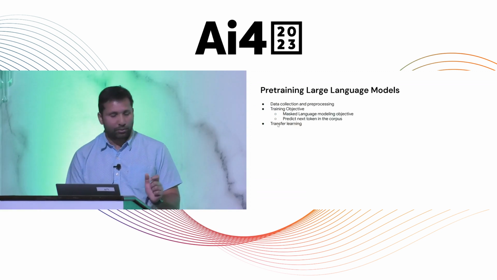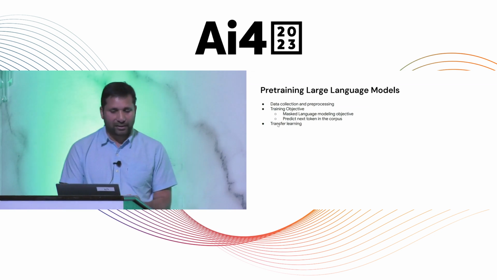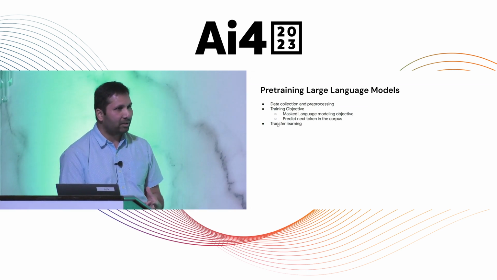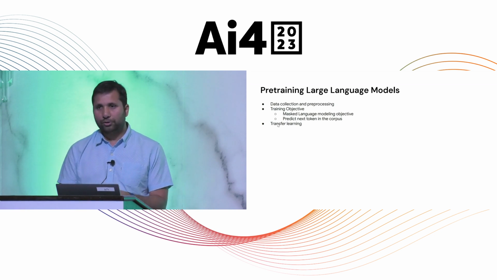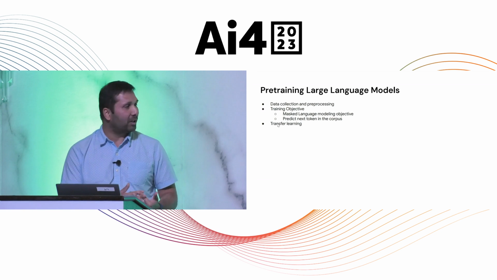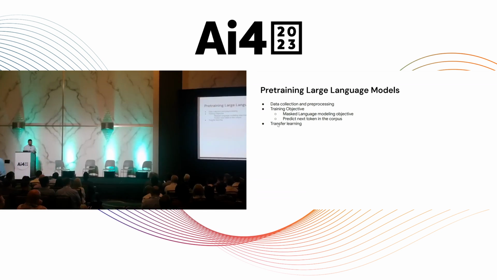We'll take a look at LaMDA later, but let's try to understand how we can actually train a large language model from the ground up. It involves two steps. The first step is pre-training the large language model from the ground up, where you train it for a particular task on a huge dataset after the pre-processing has been done.